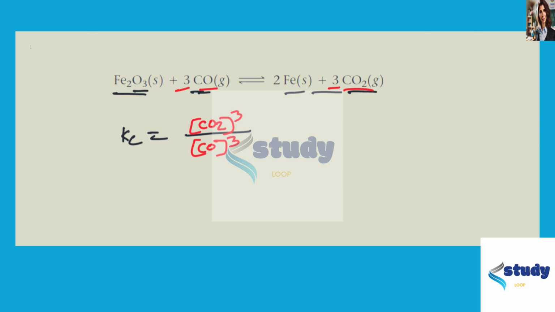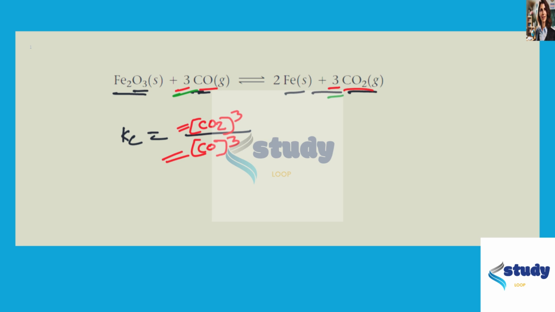From here you can see that the equilibrium only depends on the concentration of the gaseous components, carbon dioxide and carbon monoxide, and both of them have a coefficient of 3. We know from the Le Chatelier principle that a reaction equilibrium will shift to either side when the volume changes, if there is a difference in the number of gaseous molecules between reactants and products.